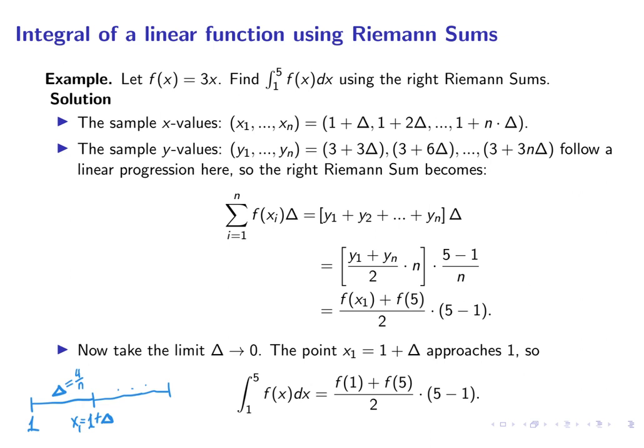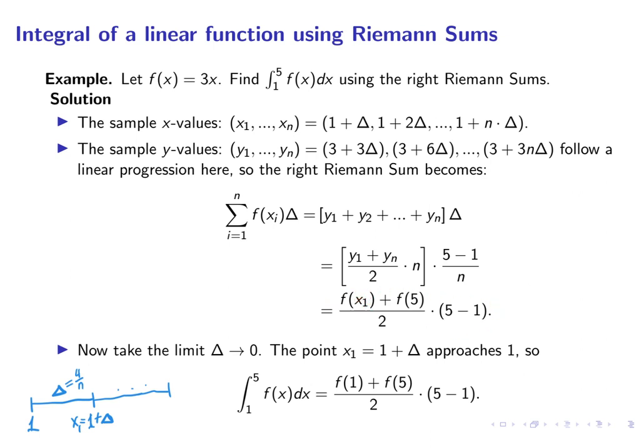So note that as delta goes to 0, the first partition point that appears in our sum, x1, approaches 1.